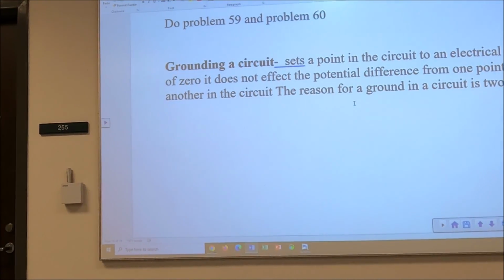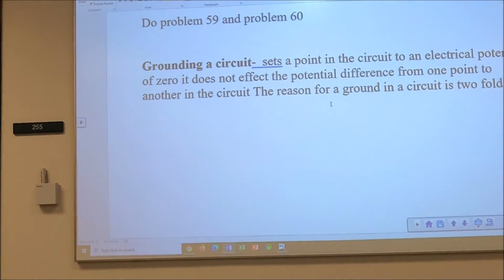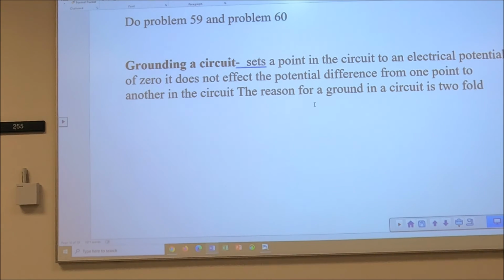Now, the battery in my camera that I'm using right now is not that grounded, okay? Because it's not connected to a wire that connects it to earth. When we ground a circuit, we take one point in the circuit and we set it as our zero potential point in the circuit because we've connected that to ground.